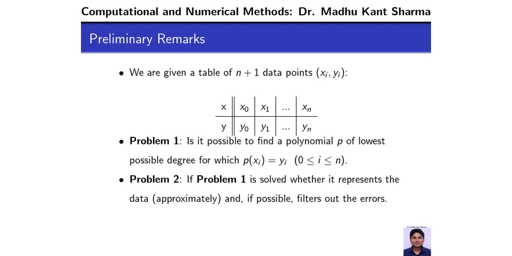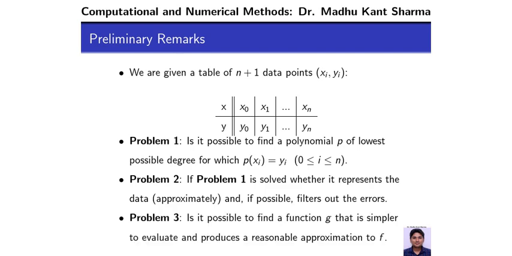Suppose the second problem is also resolved, then the third problem: is it possible to find a function g that is simpler to evaluate and produces a reasonable approximation method? So we try to answer all these three problems. Okay, right. So let's move further.